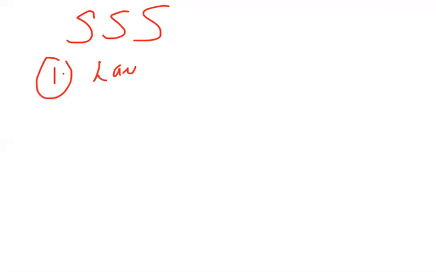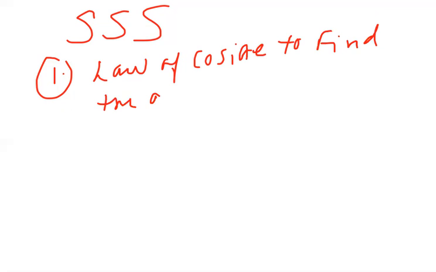Now, on the other hand, if you're given 3 sides with no angles, okay? So to solve this, you're going to have to find all 3 angles. So here comes step number 1. Again, you're going to use the law of cosine to find the angle opposite the longest side.